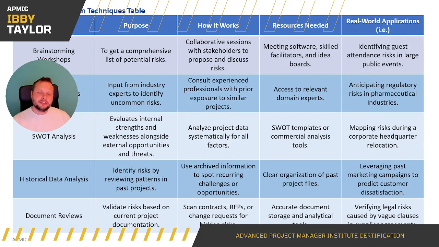So risk identification, some potential techniques here. Obviously brainstorming, workshops, bringing the clients in, bringing in internal resource as well. Industry expert judgments. That could be people internally once again, or people externally that have done similar things. SWOT analysis, historical data analysis, document reviews can all help identify potential risks.